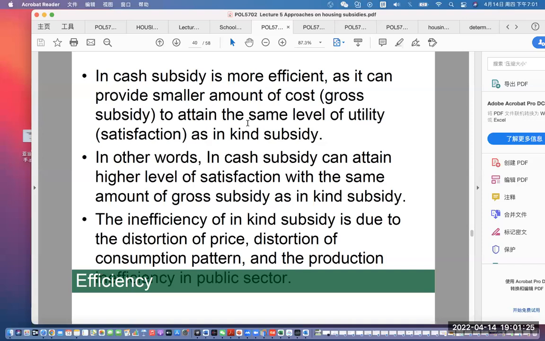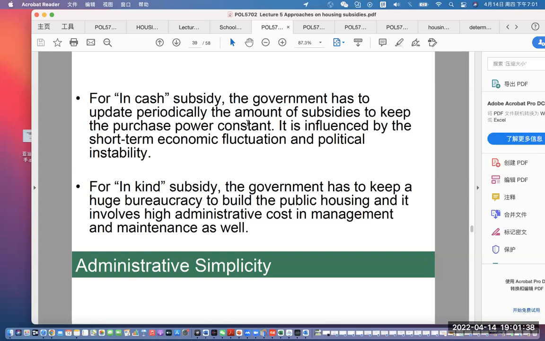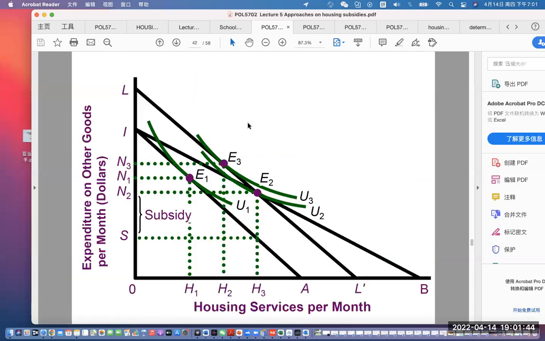And they are considered two important approaches for you to understand housing approaches at all, right? So this would be important when you look at the way of in kind and in cash, right?